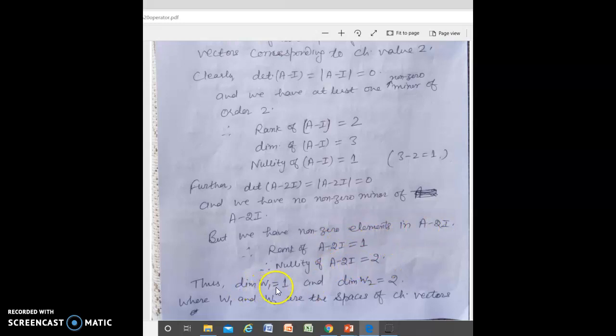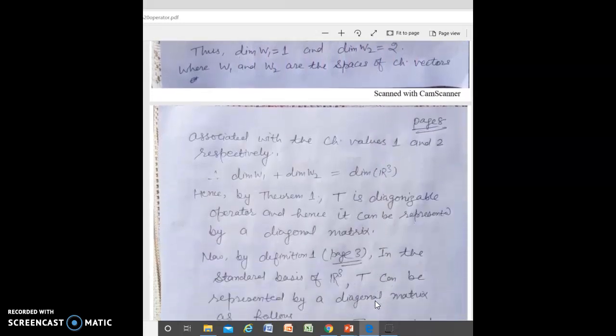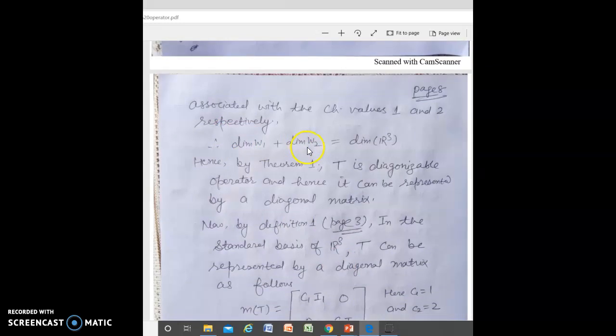Thus the dimension of W1, the space of characteristic vectors corresponding to characteristic value 1, is 1. And the dimension of W2, the space of characteristic vectors corresponding to characteristic value 2, is 2, and the dimension of W1 plus W2 equals the dimension of R3, that is 1 plus 2 equal to 3. Hence by theorem 1, T is a diagonalizable operator, hence it can be represented by a diagonal matrix.